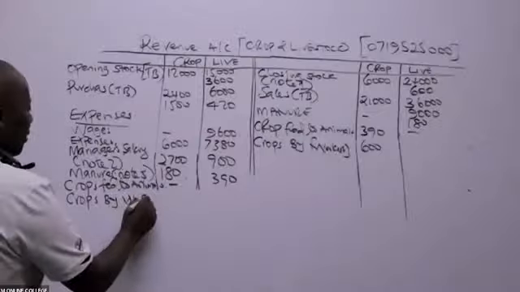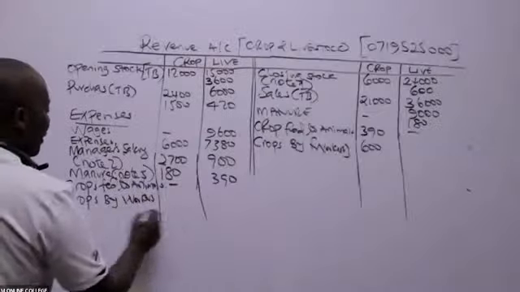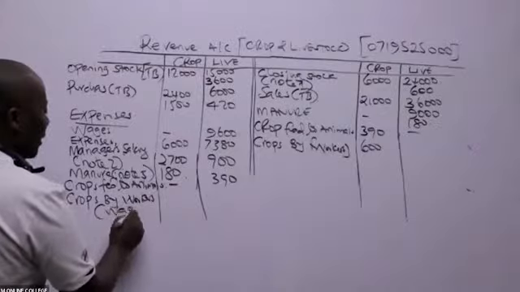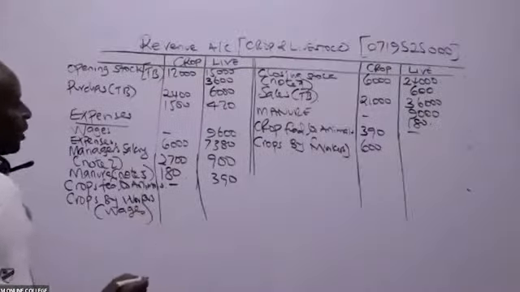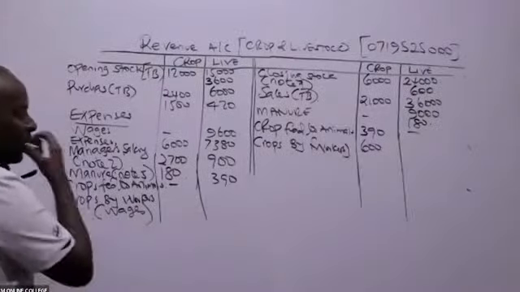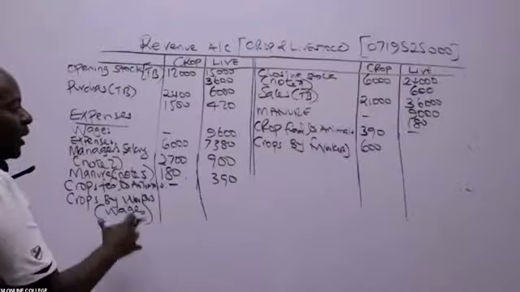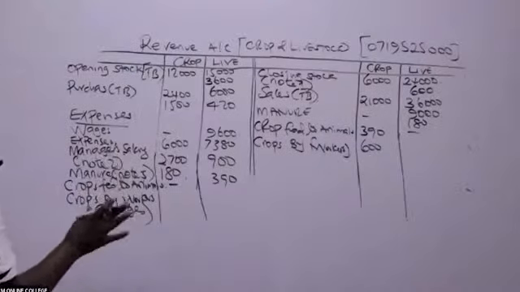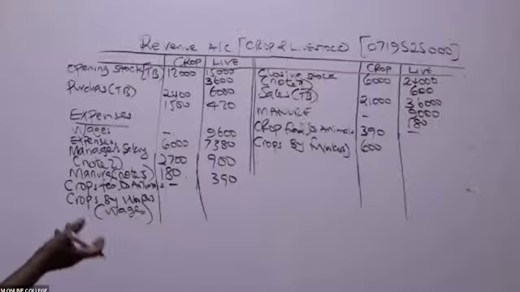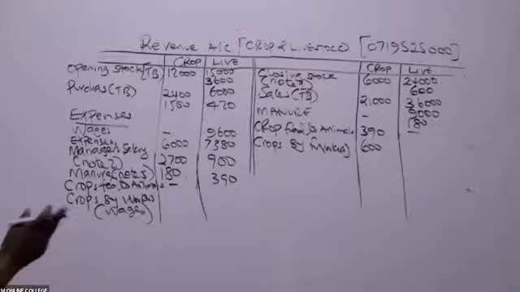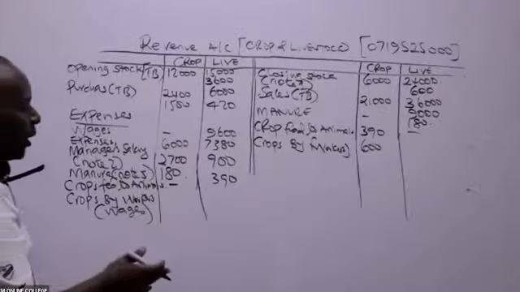This will be wages, basically. It's an expense. And remember, I can't take this to the livestock. This is purely crops and workers. Even if they're animals, they're not livestock. So for them, this will be called wages.